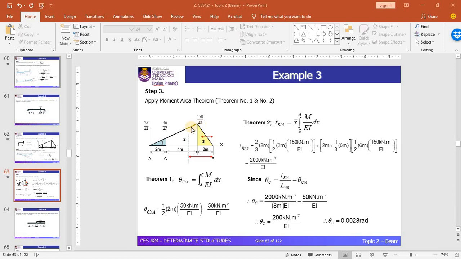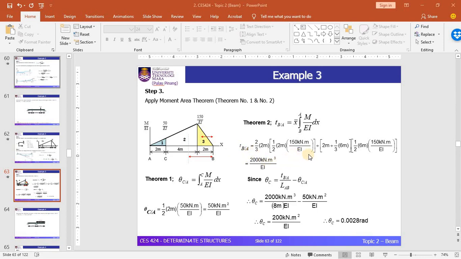Based on A to B, you can have two shapes of area, which are this particular triangle and this triangle. Based on these two triangles, you can get the value of t_BA.